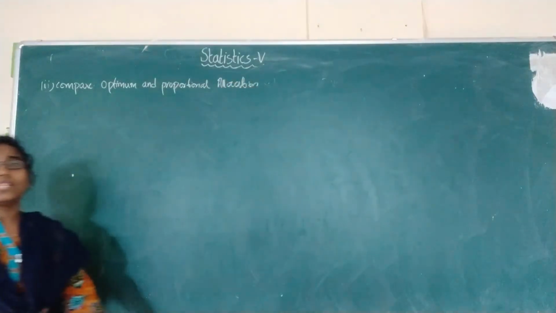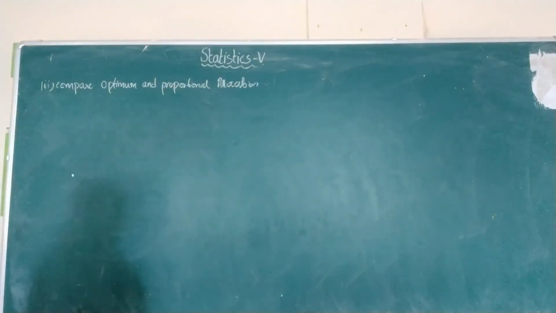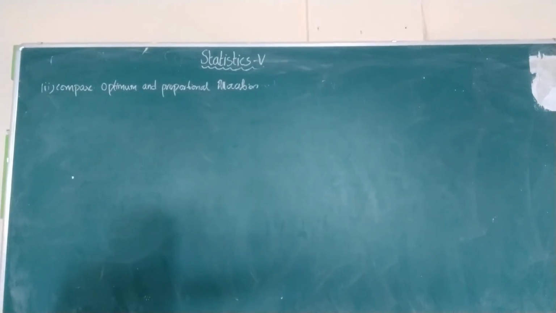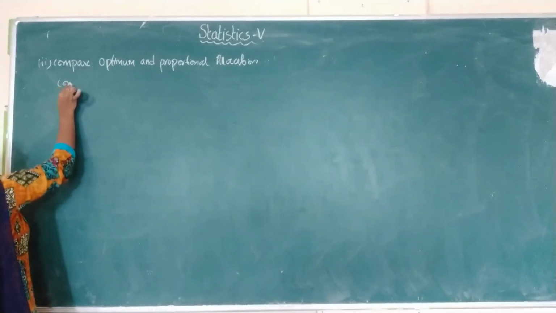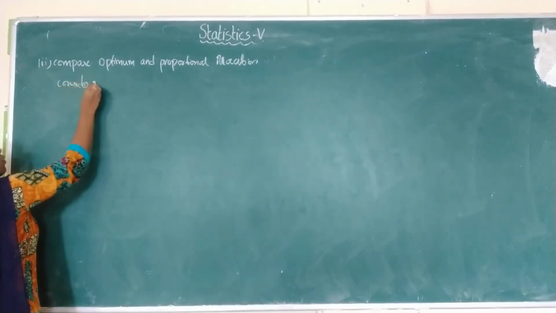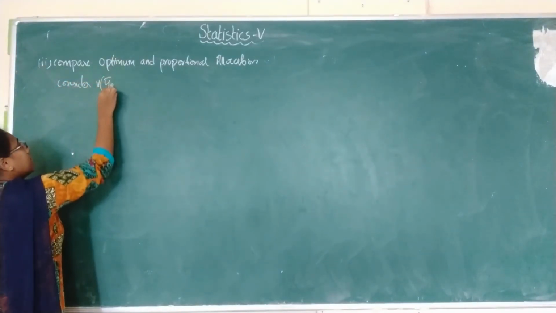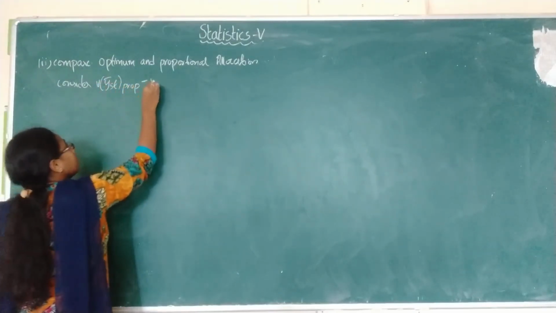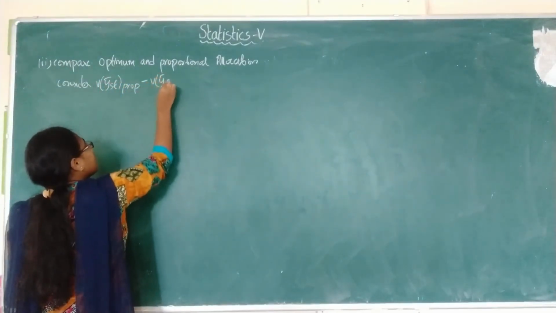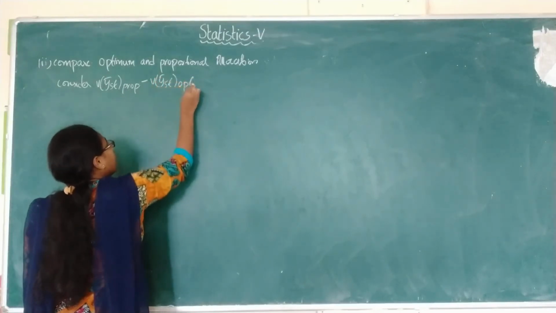To compare the optimum allocation and the proportional allocation, first we are going to consider variance of y bar st under proportional allocation minus variance of y bar st under optimum allocation.